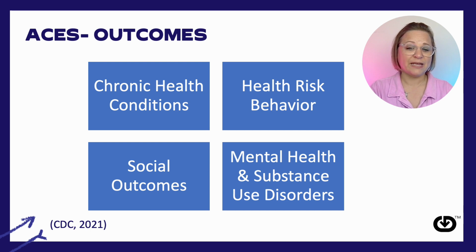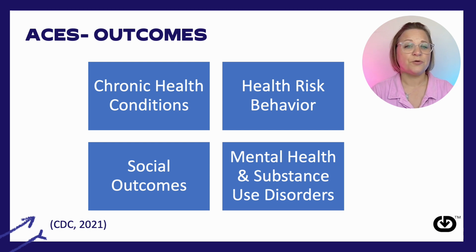Patients who have ACEs are more likely to have health risk behavior. This includes smoking, excessive alcohol use, substance misuse, physical inactivity, sexual risk behaviors, and suicidal thoughts and behaviors. Patients who have had ACEs are less likely to have health insurance, they're more likely to be unemployed, and they're more likely to have less than a college level, a high school level education.